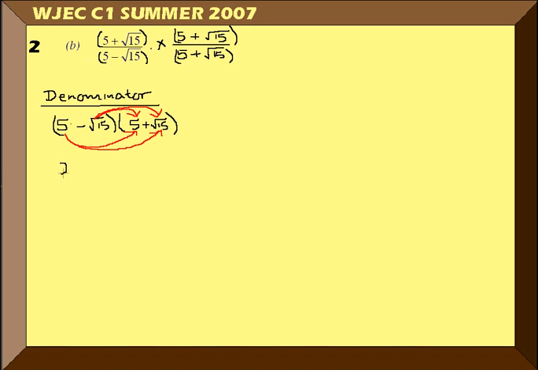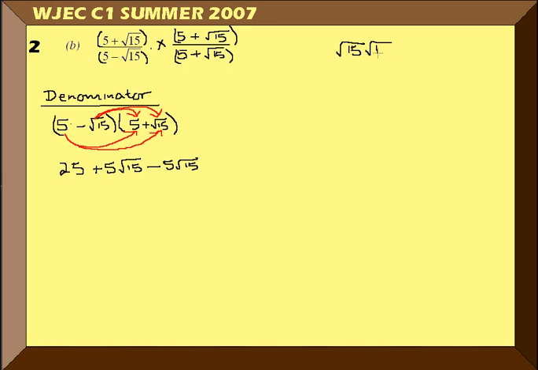5 times 5 is 25. I'm going to have plus 5 root 15. Have minus 5 root 15. Of course, root 15 times 5 is the same thing as 5 root 15. And now minus root 15 times root 15, well, that's using the property of surds.